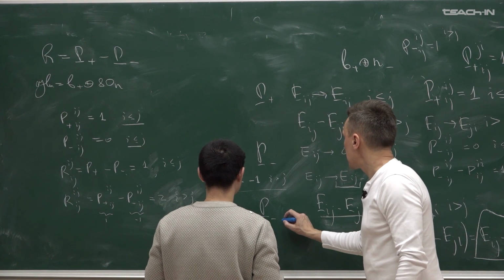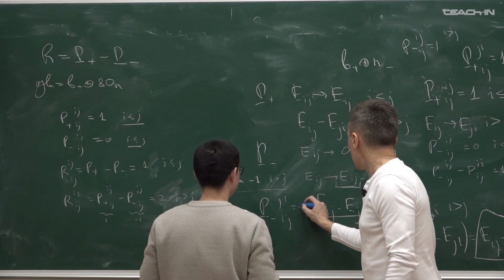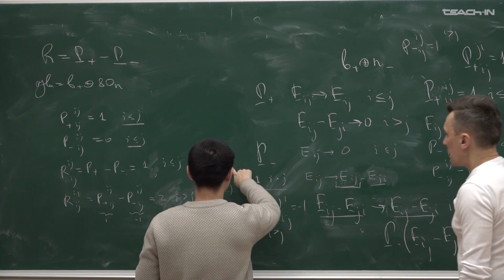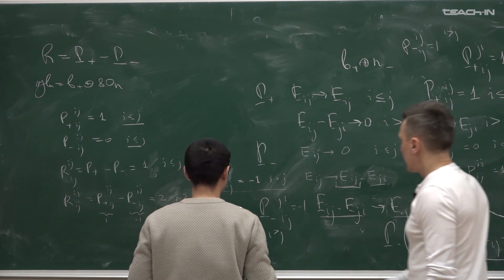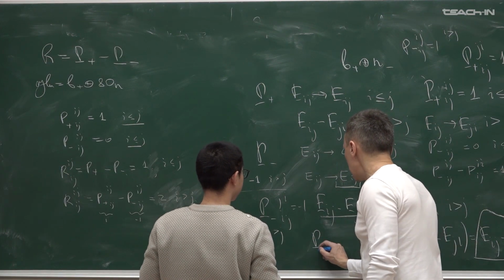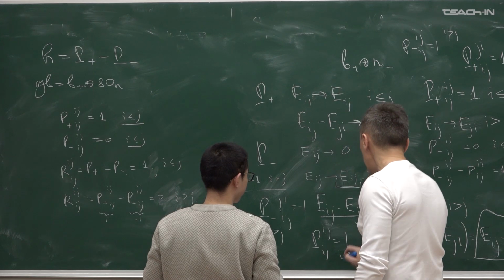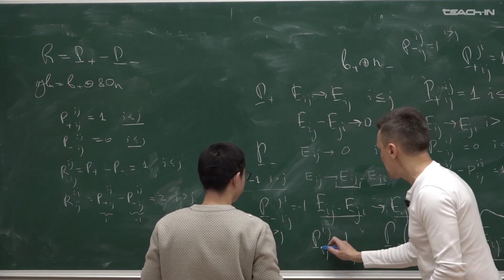P minus IJ, JI is equal to minus 1 for i greater than j. So it's this JI, equal to minus 1. And this coefficient means that P_ij is equal to 1, also for i greater than j.